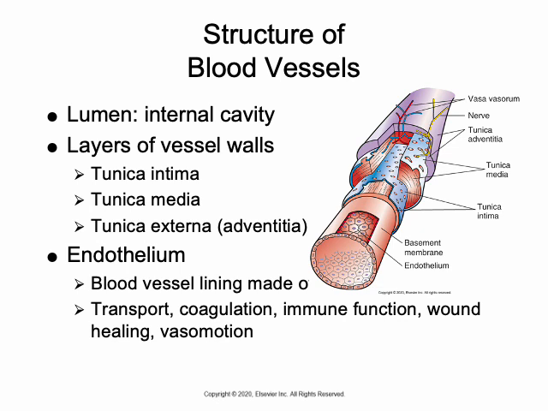Additionally, we have the vascular endothelium that has an important role in coagulation, antithrombogenesis, and fibrinolysis. It also serves immune system function, vessel growth and wound healing, contraction and relaxation of the vessels. You can see that the endothelium is an important part of the structure of the blood vessels.